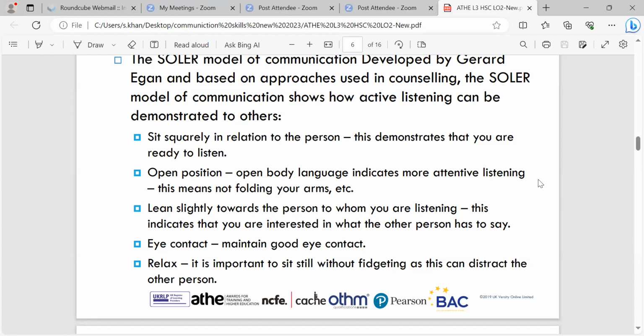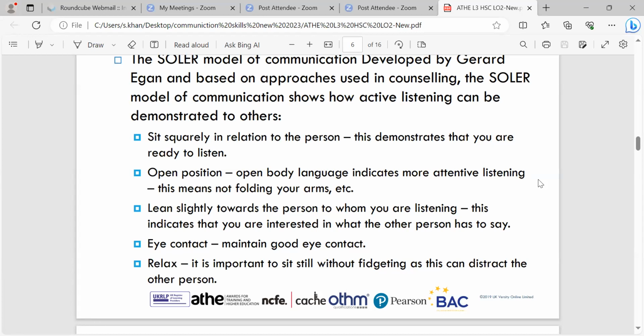Eye contact. Why is it important to maintain eye contact? Why do you think eye contact is so important? If you don't have proper eye contact, the other person will think you're not interested in their speech.